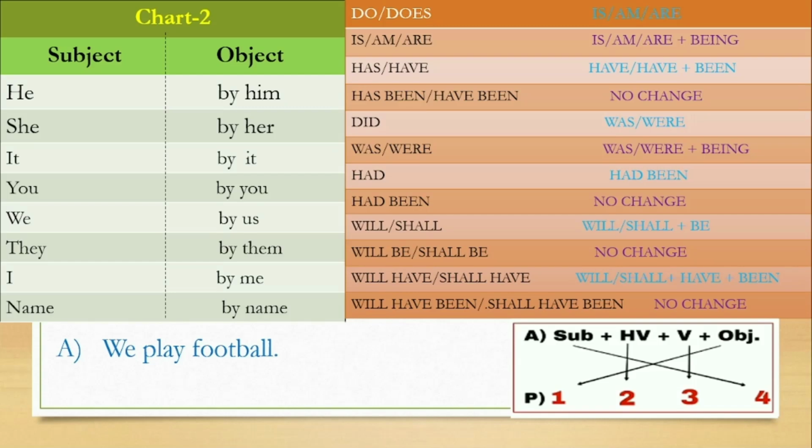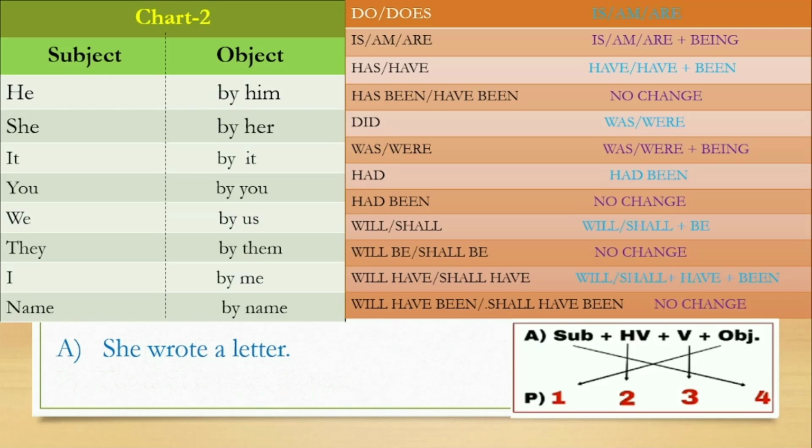So here do or does is the helping verb. Do or does is changed into is, am, are. So, football is. The third form of play is played. Football is played. The subject we will be changed into by us. Football is played by us.